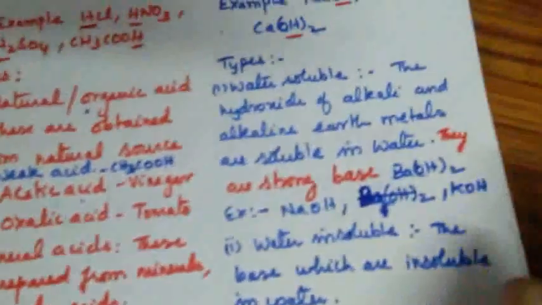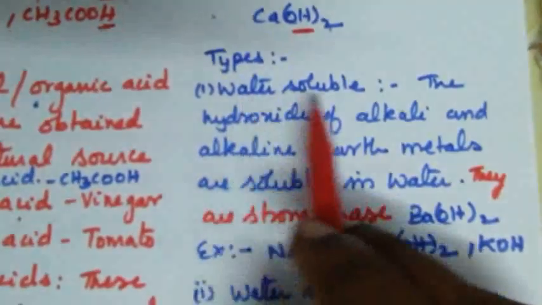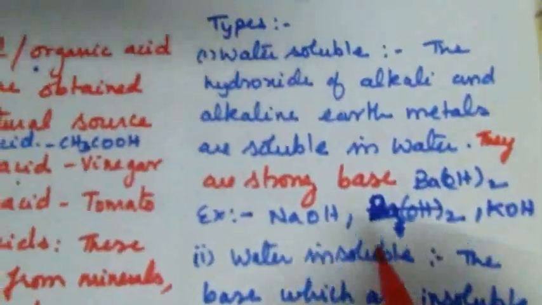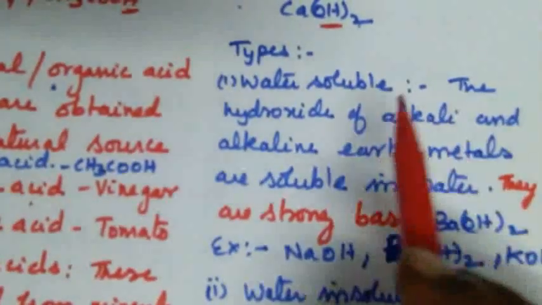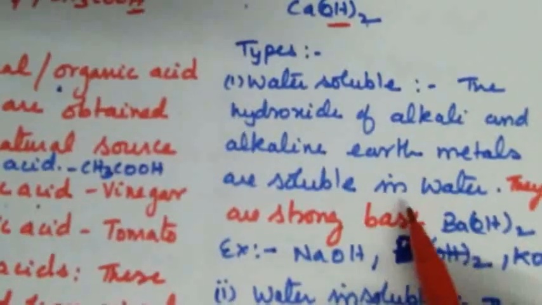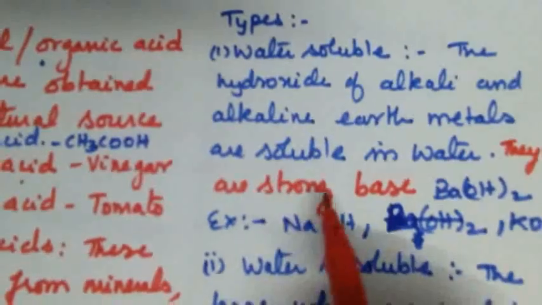What about types of bases? We have two types: water soluble bases and water insoluble bases. As the name indicates, if the hydroxides are soluble in water, we call them water soluble bases. They are generally strong bases.